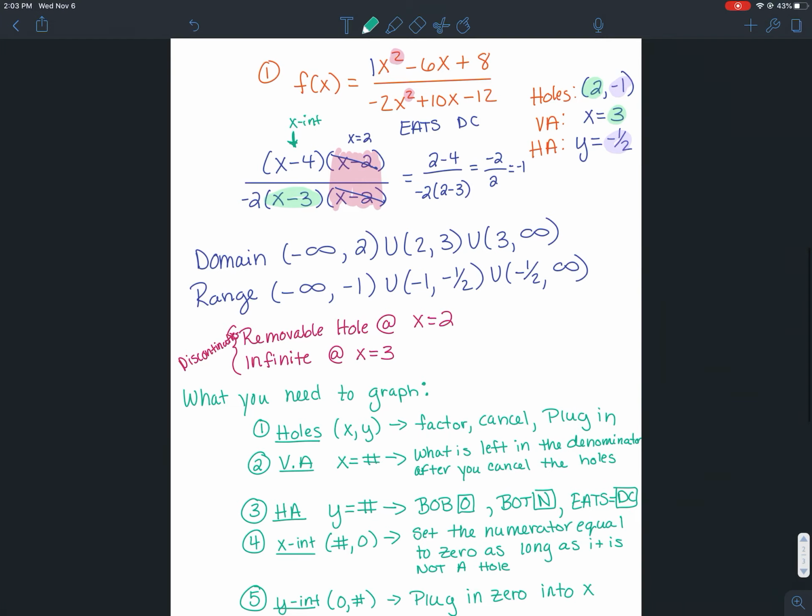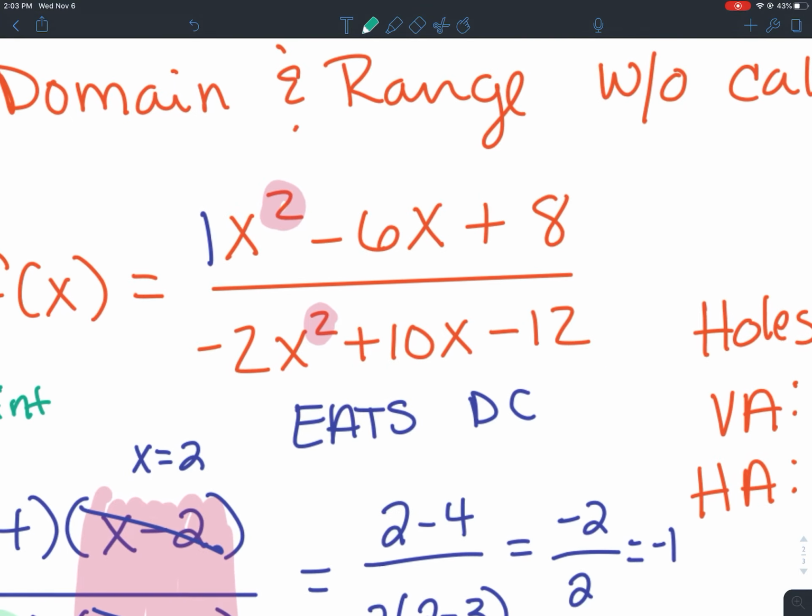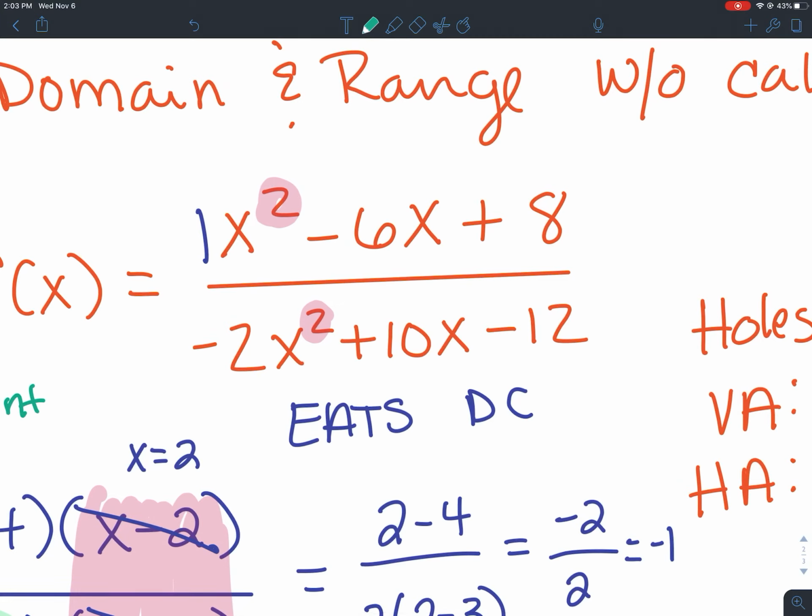I think original is easy because if I plug in 0 to the original version, looking back up at this example, then my x's are gone, so I'm left with 8 on the top and negative 12 on the bottom. So my y-intercept would be 0 comma 8 over negative 12, which is negative 2 over 3, right? That's the y-intercept. Easy, all right?